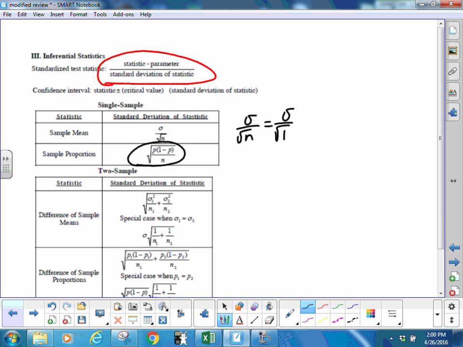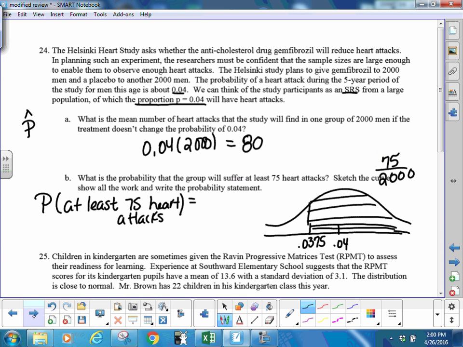You don't have to go through that thought process. So here's the formula for standard deviation. It's your P, which we already said was 0.04, times 1 minus P, divided by your sample size, under a square root. And it gives you this number.